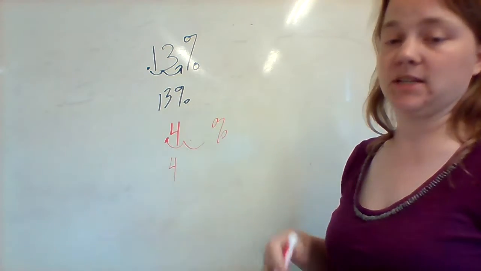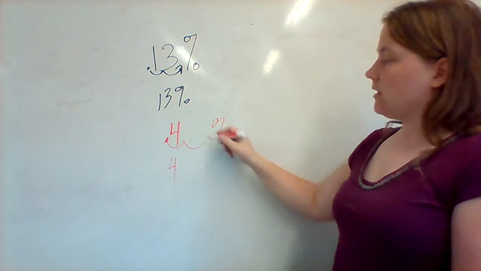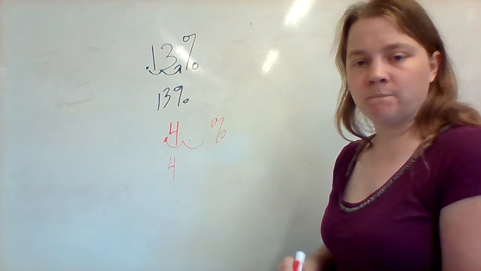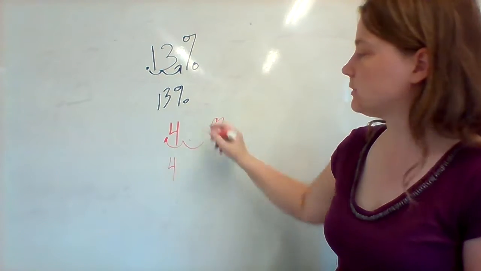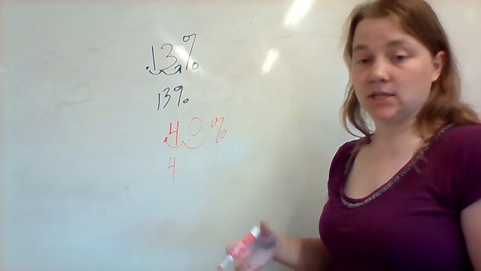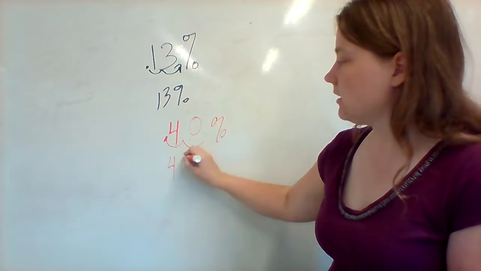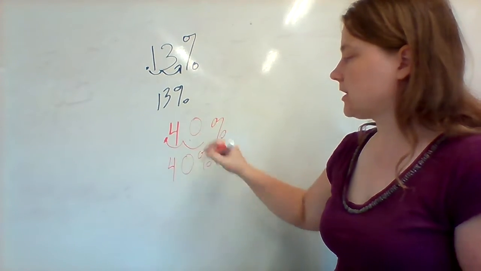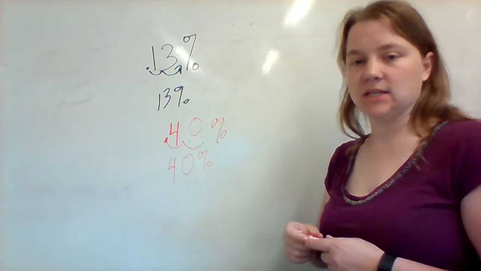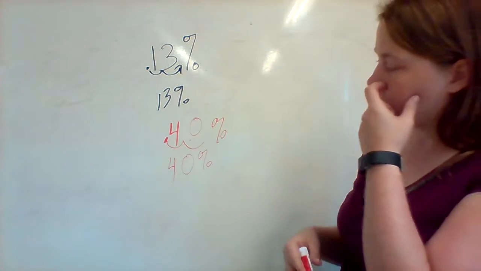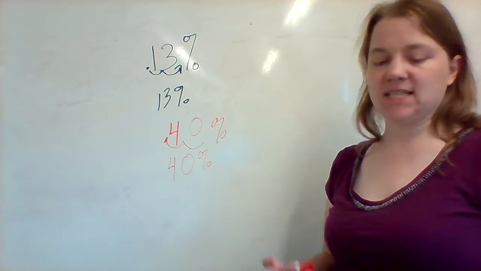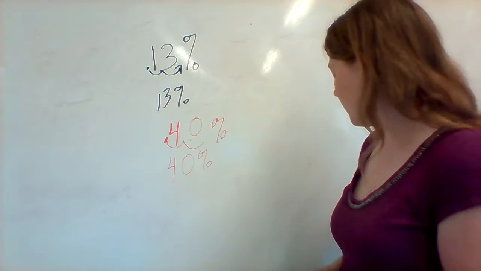Sometimes you'll have to move the percent sign if you really need to write it first. There's a blank spot here. In that blank spot, we're going to put a 0 because there's nothing there. So when we convert it, it becomes 40%. Instead of just 0.4, it's now 40%. They mean the same thing.